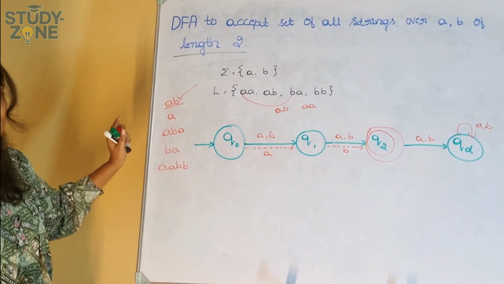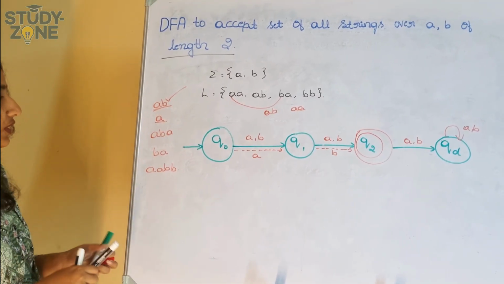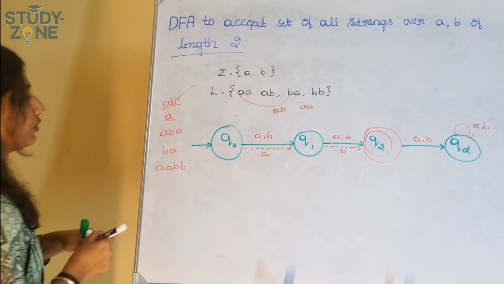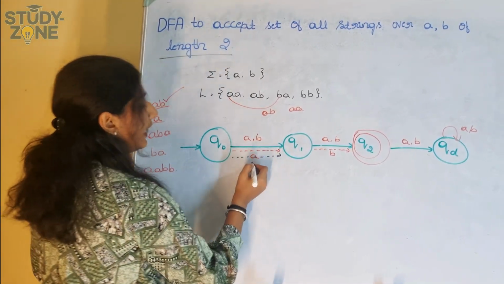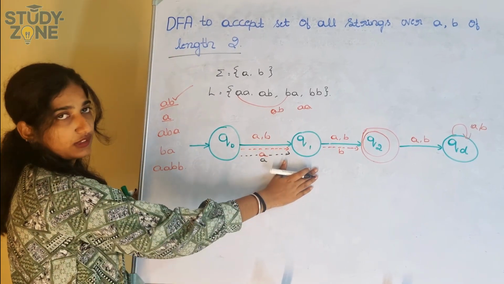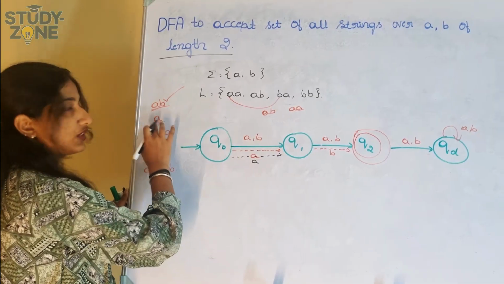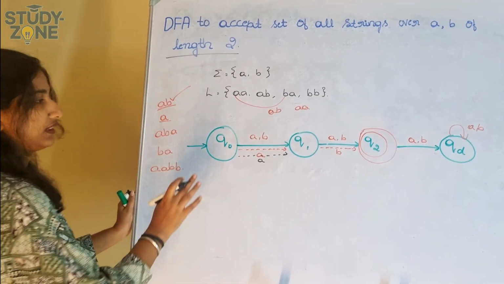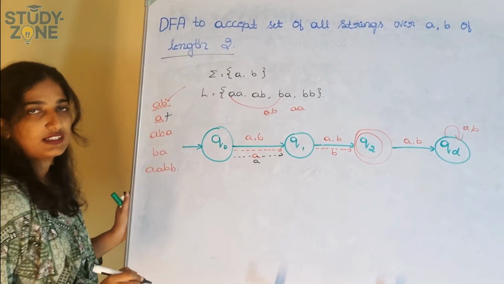So this is correct. Now I have A. So what to do here? So if I have A, Q0 will be moving to Q1 and end up here only on consuming A. So this is not the accepting state, and this one also shouldn't get accepted. So my transition diagram is correct. Okay, this one is getting rejected.